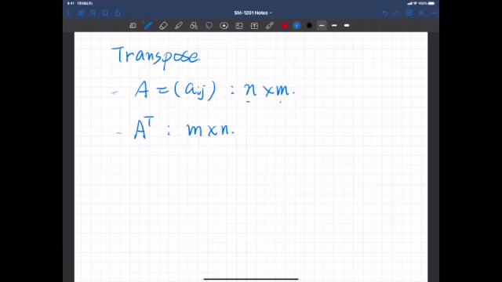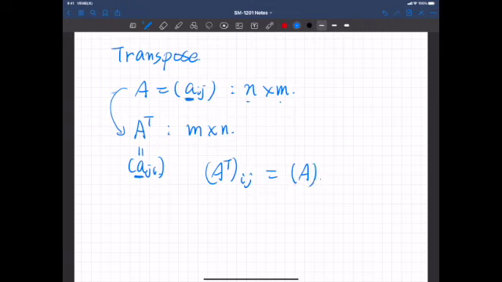So that is A_ji. So we swap each row of A with a column of A transpose. In other words, the ij element of A transpose is the same as A's ji element.